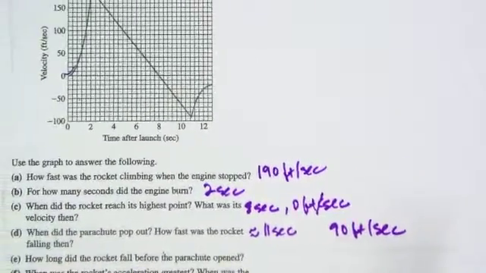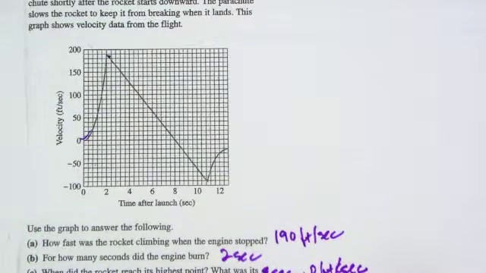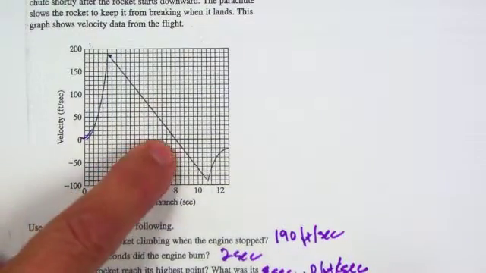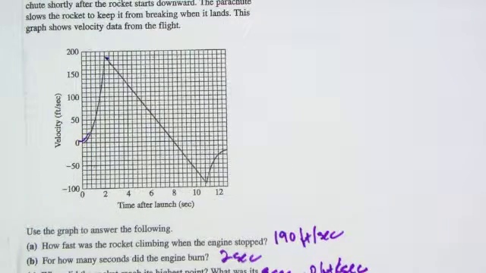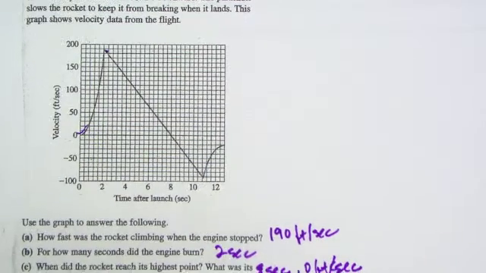How long did the rocket fall before the parachute opened? 3 seconds. Yes, about 3 seconds, right? Okay, the next one, when was the rocket's acceleration the greatest?